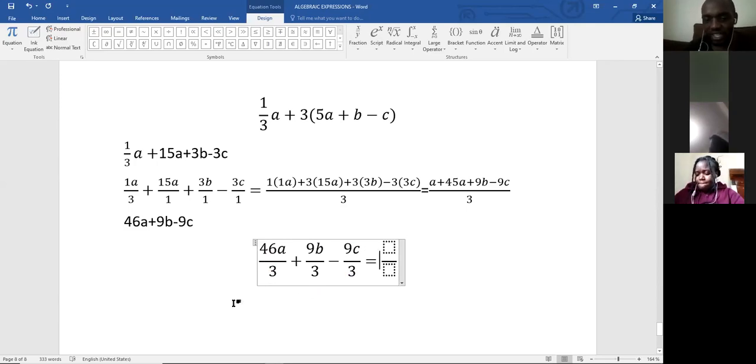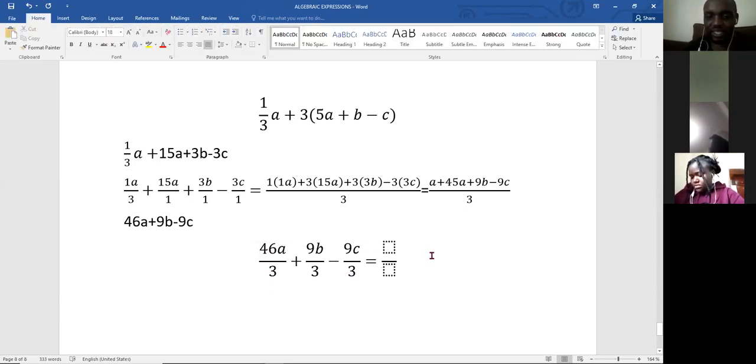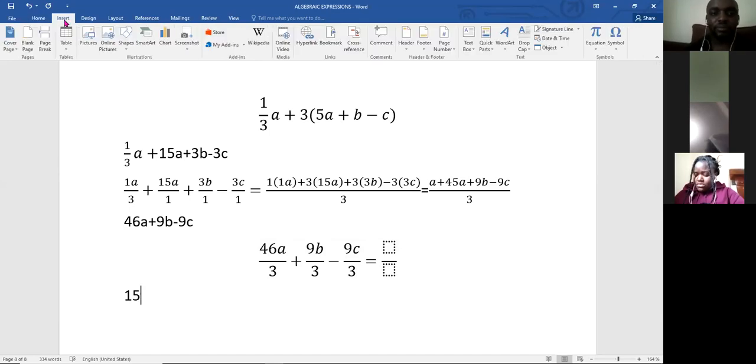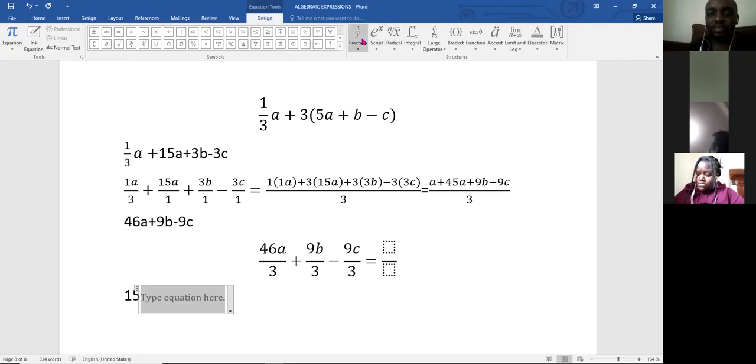For the 46 over 3, you can write it as a mixed fraction. 46 divided by 3, you are going to go how many times? 15 times, 15 times 3 gives you 45, then 1 remains.